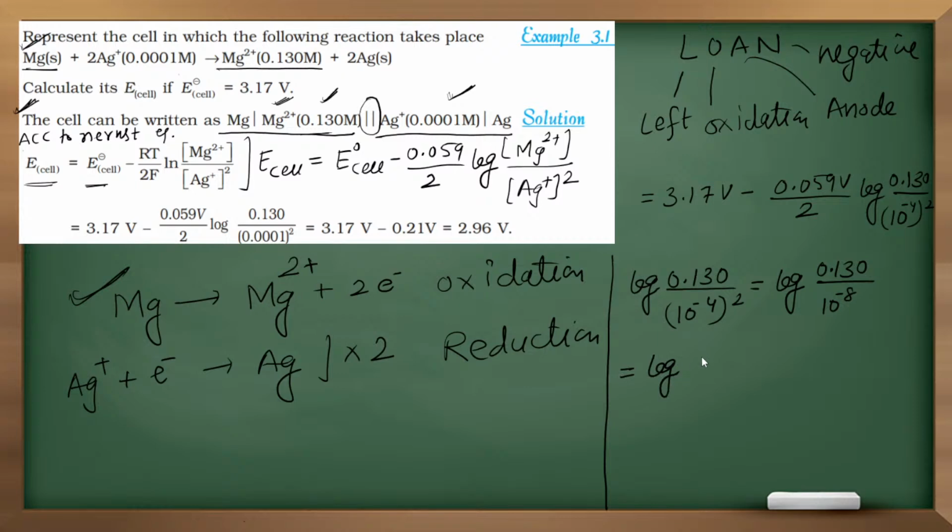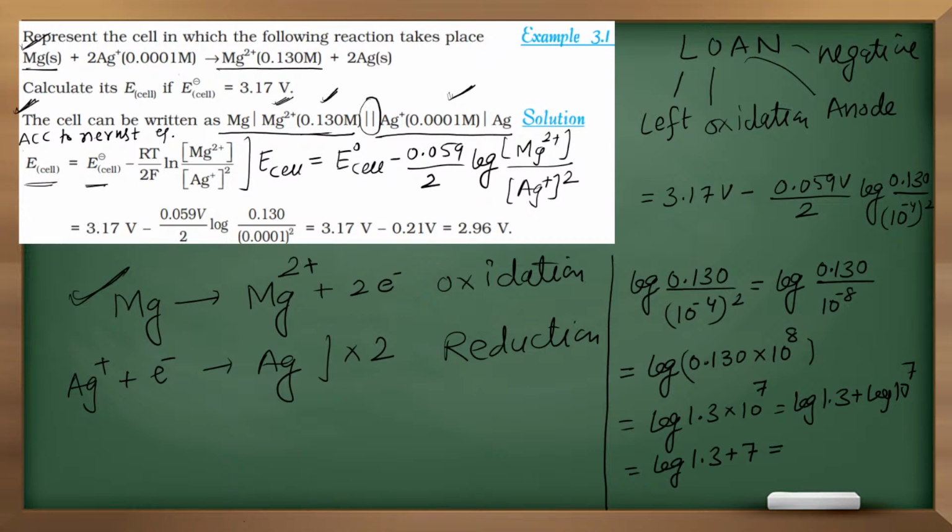So in this way, it is log of 0.130 into 10 raised to power 8, so log of 1.3 into 10 raised to power 7. So it is log of 1.3 plus log of 10 raised to power 7, so log of 1.3 plus 7 log 10, and log 10 is 1. So what is the value of log 1.3?